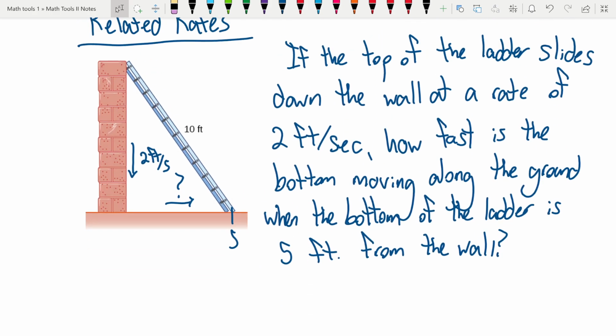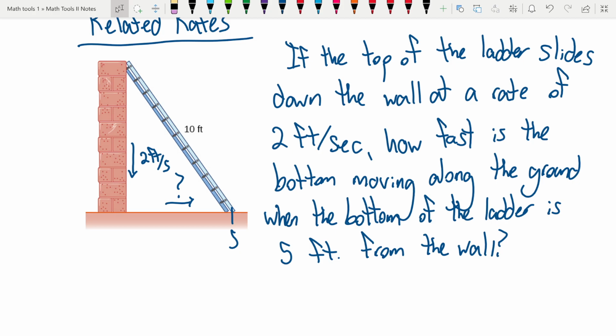So we first need to come up with some kind of equation that relates these three sides, right? From the picture, we can see that the wall the ladder is leaning on, the ladder itself, and the ground all make up a triangle, right?